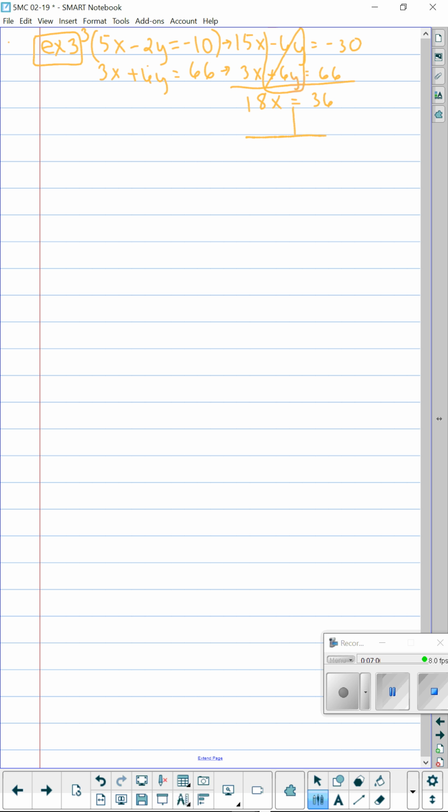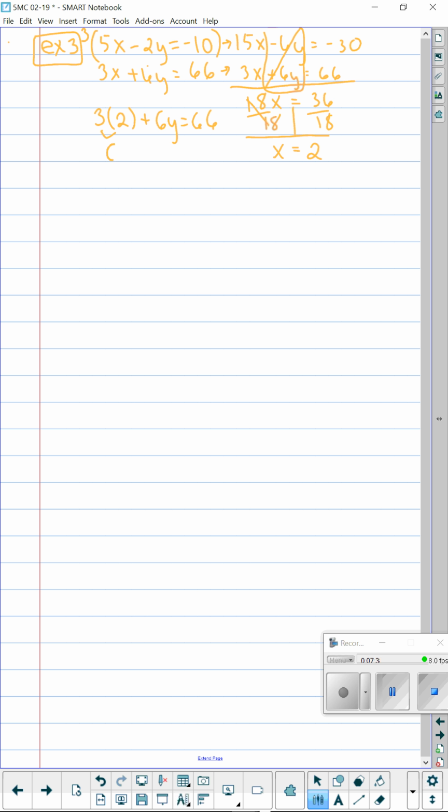And then it's wall, floor, divide by 18. And 36 divided by 18 is 2. So now, once again, I take that x value and I plug it into any of those equations up there to solve for y. So this time I could do the second equation. So instead of 3x, now it becomes 3 times 2 plus 6y equals 66.